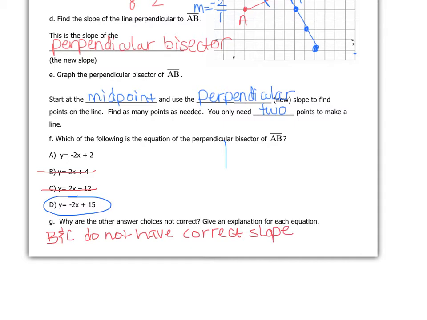And the other one is that A, the y-intercept, is not correct. So again, we're using the answer choices and doing process of elimination to match the equation up to the perpendicular bisector.